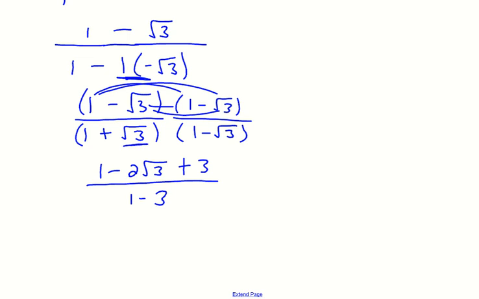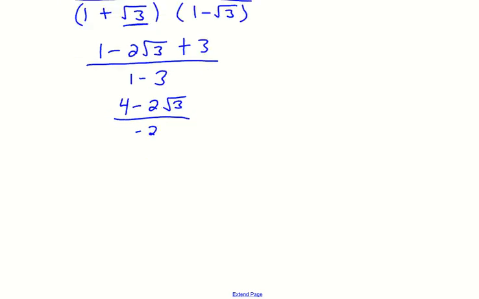So cleaning this up again, we end up with 4 minus 2 root 3 over negative 2, sorry. Okay. And then I can do a little bit more here, because I can factor out a 2 out of the top.